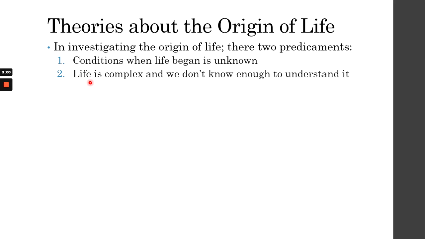One of which, if you remember, is, for example, growth and development, reproduction, and homeostasis. Those are just some of the characteristics that we know about life, but in the end, that does not define life. It just describes it. The definition of life is very complex, and we do not know enough about it to understand it fully.